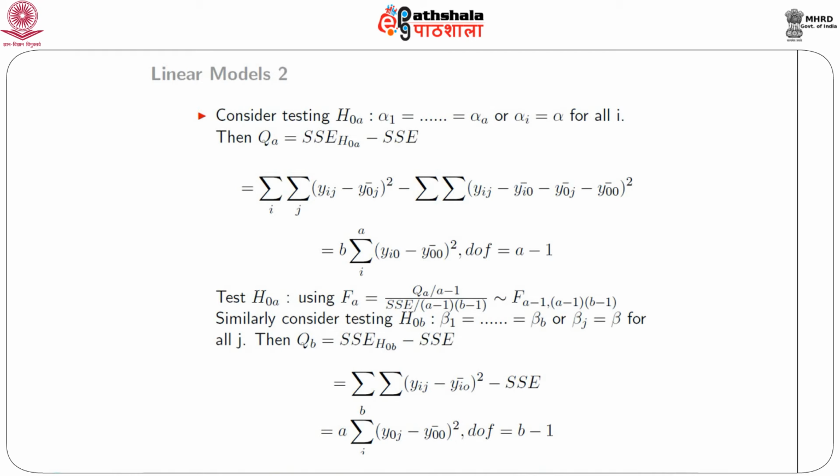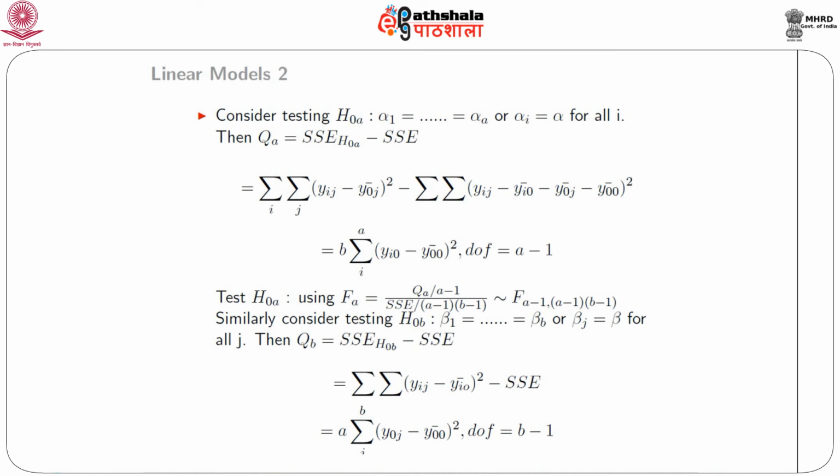Now, test H naught A using that big expression with degrees of freedom a minus 1 and a minus 1 times b minus 1. Similarly, consider testing the hypothesis for beta using QB, and you get degrees of freedom equal to b minus 1.